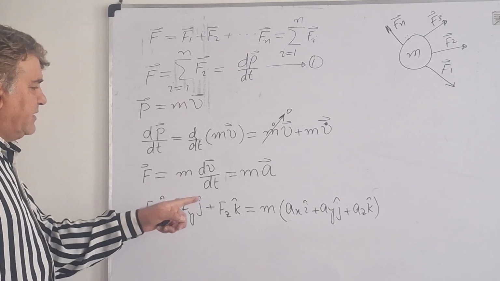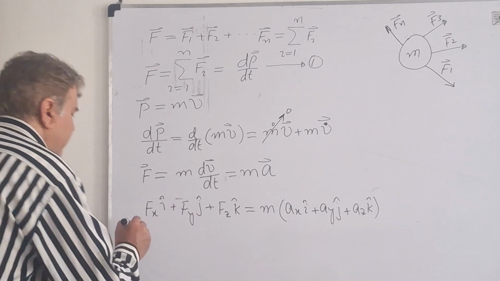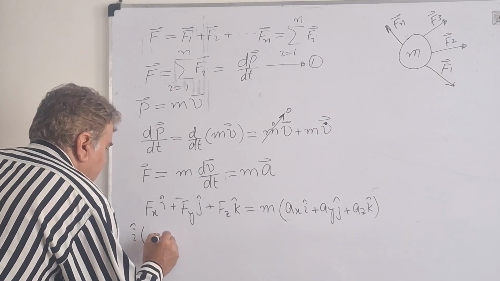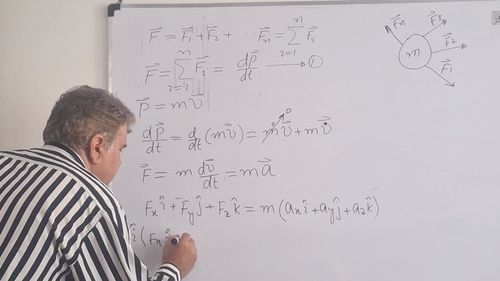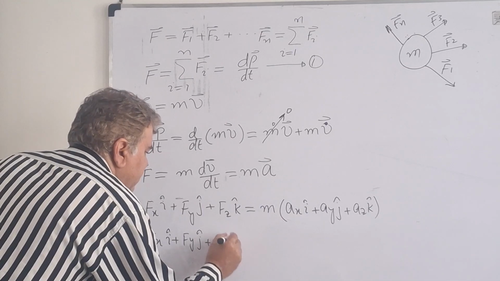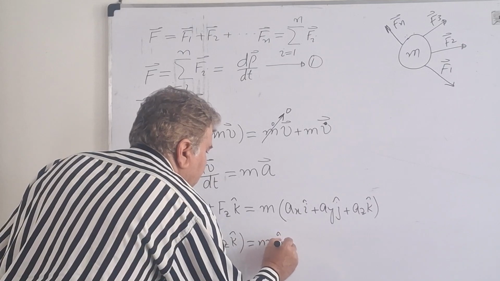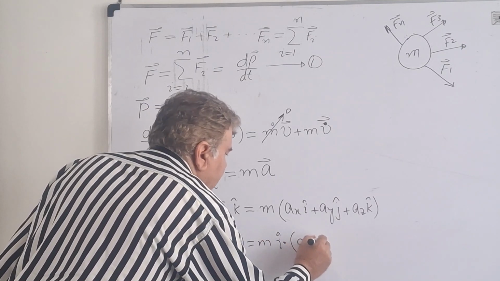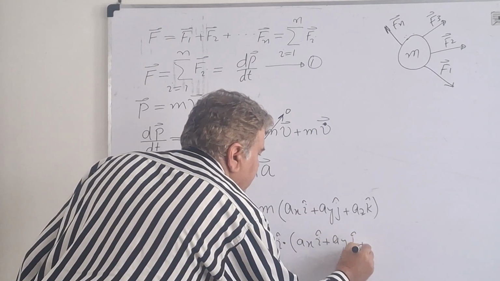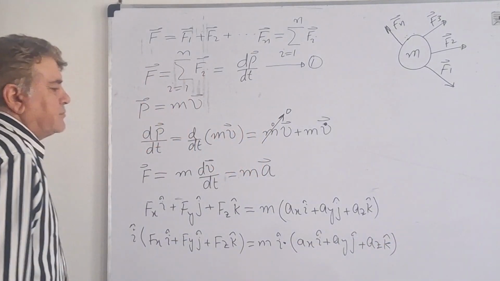For example, if I take the scalar product or dot product of unit vector i with this equation, I can write this as i dot (fx i plus fy j plus fz k) equals m times i dot (ax i plus ay j plus az k).